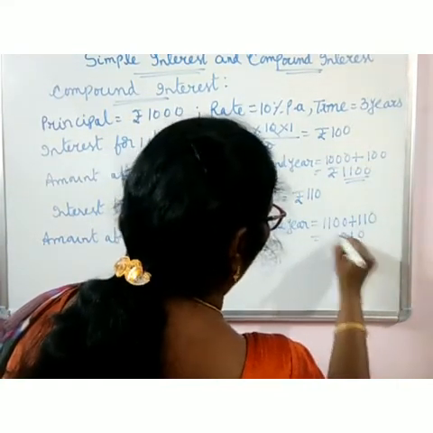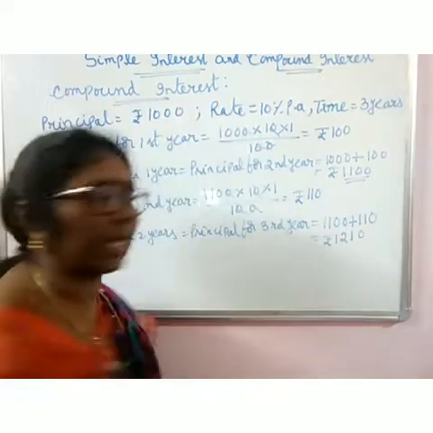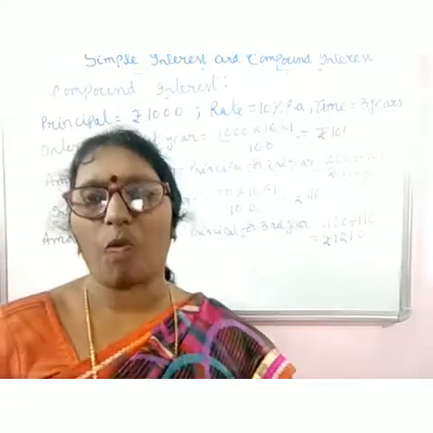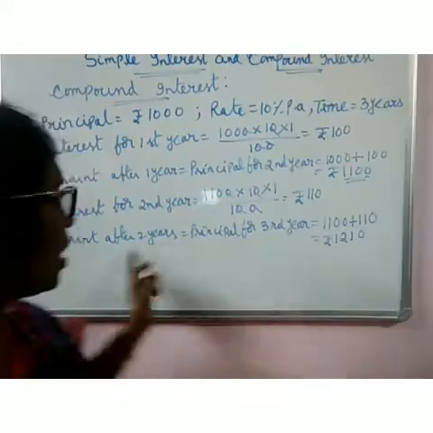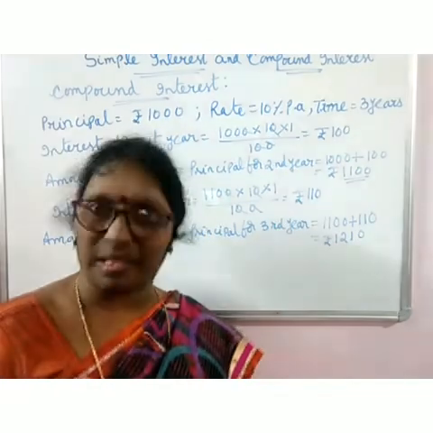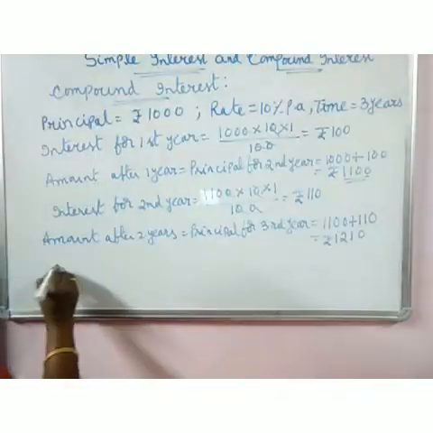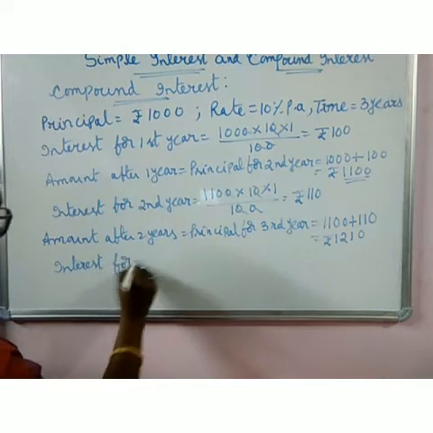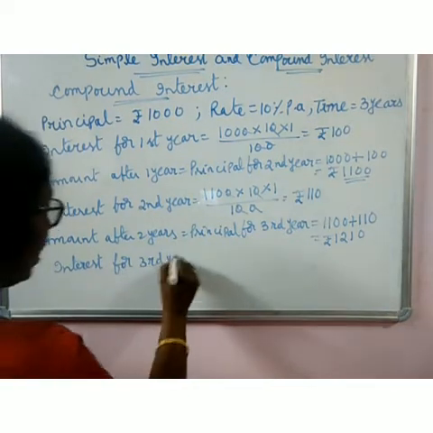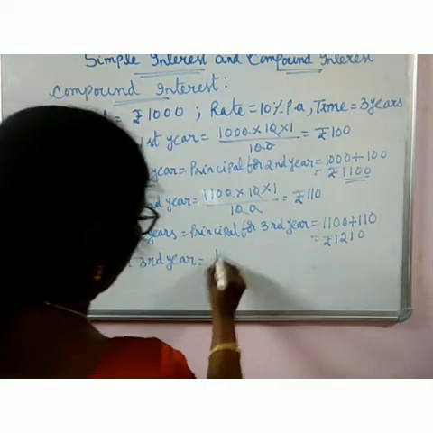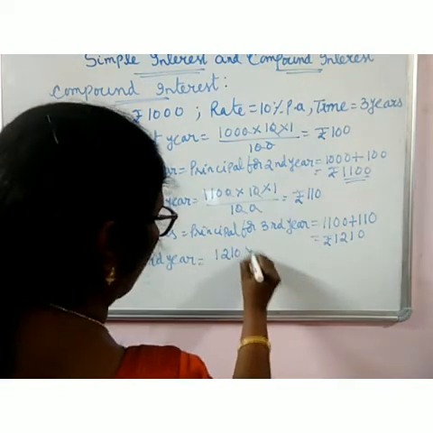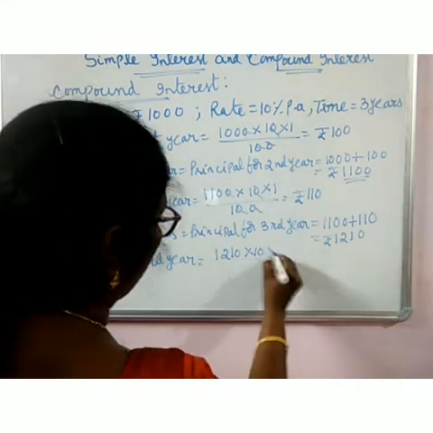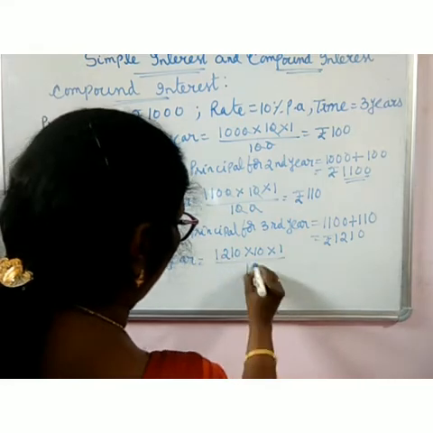So you are going to get 1210 rupees is the amount after second year or 2 years and principal for the third year. Now let us find the interest for third year. Interest for third year is principal for third year 1210. Rate is 10. For the third year time is 1.